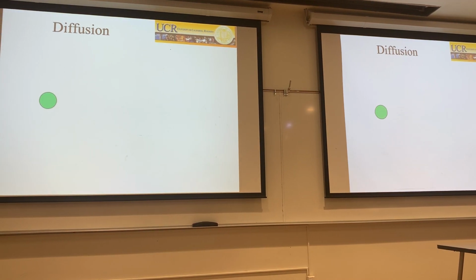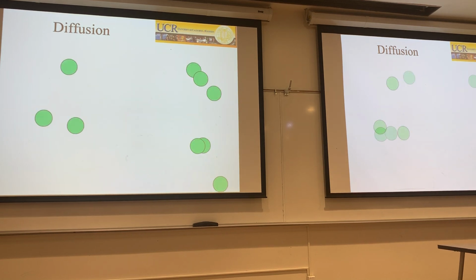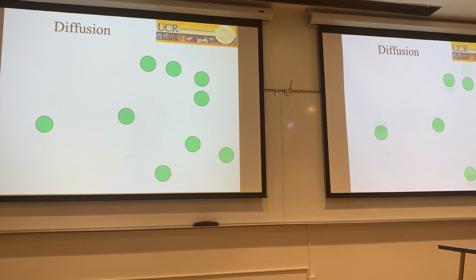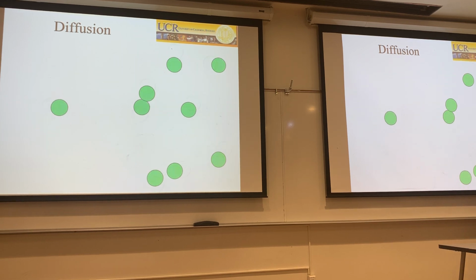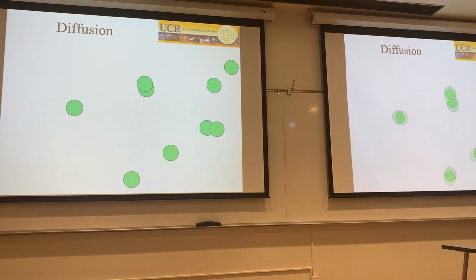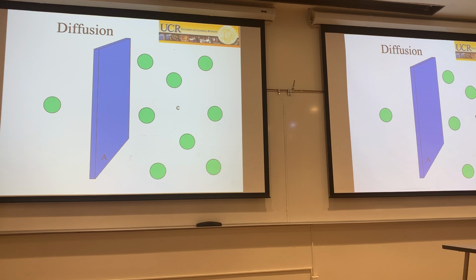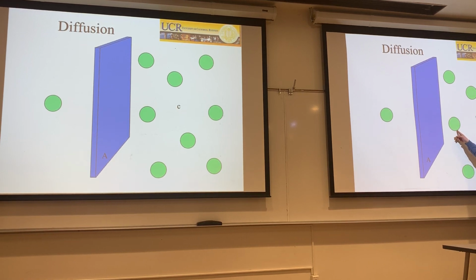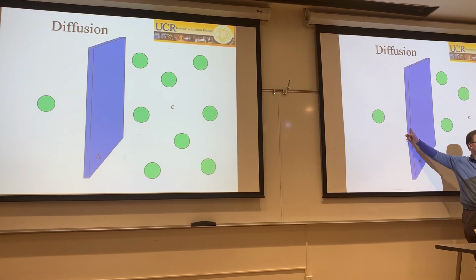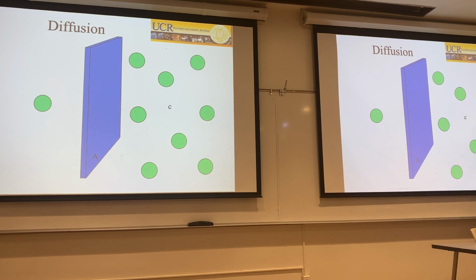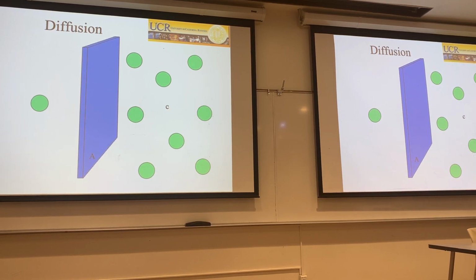So the particles in the solution move in every which way, of course, down, left, right, and so on and so forth. And if you have many of them, then there are many of them moving on the right-hand side, and few of them are moving on the left-hand side. And if you had a barrier between them, then there would be, of course, way more molecules from the right-hand side moving through that barrier than molecules from the left-hand side moving through that barrier.